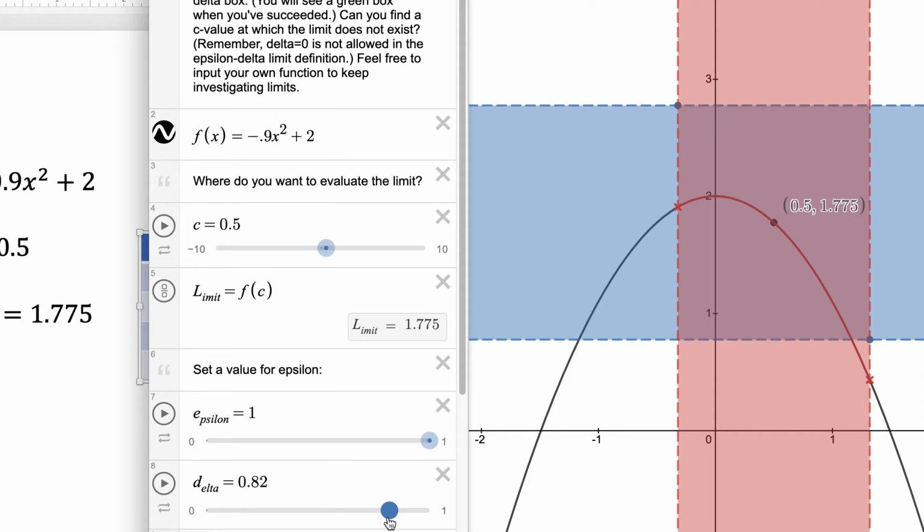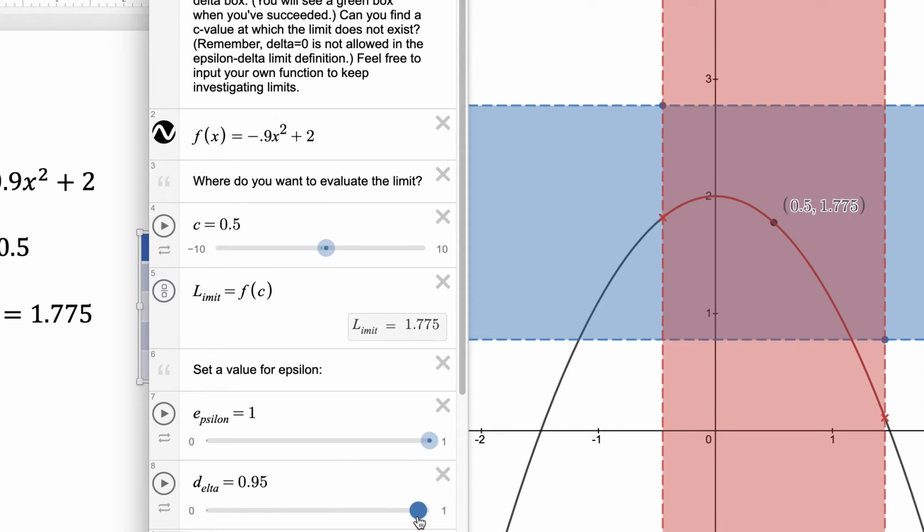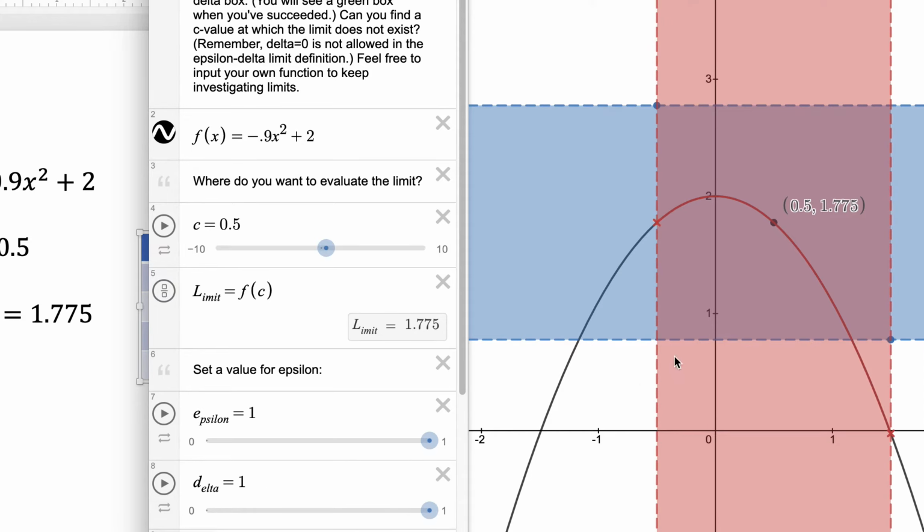And so the idea is when I've got delta equal to 1, inside this red delta band there are x values where the y value is outside of the blue epsilon band. That's a problem, because I want to say whenever x is within this delta band, the y values are always in the epsilon band around the limit.